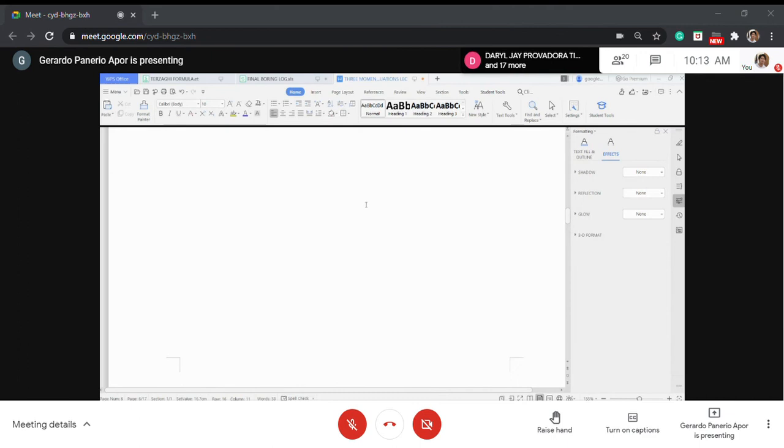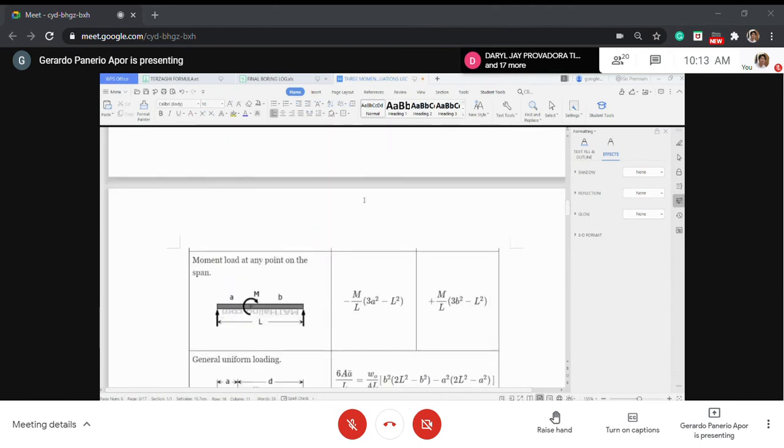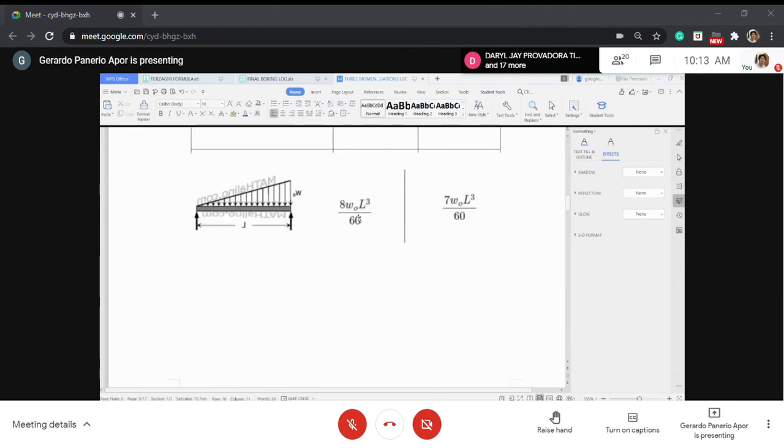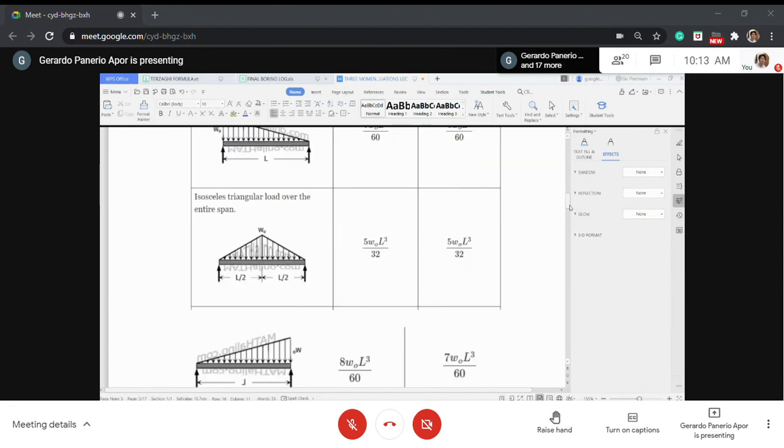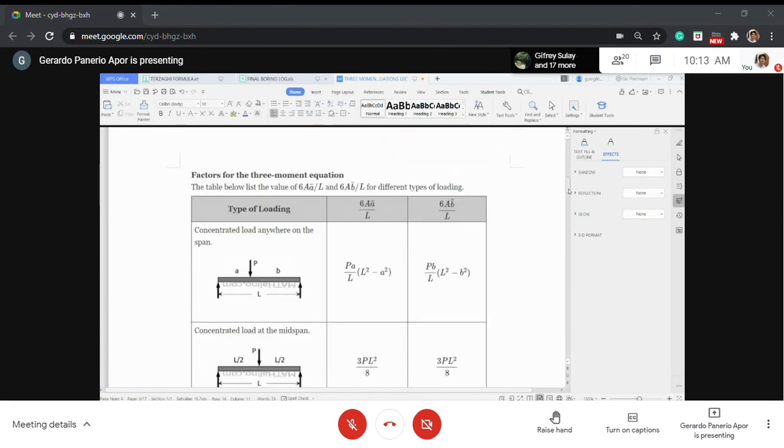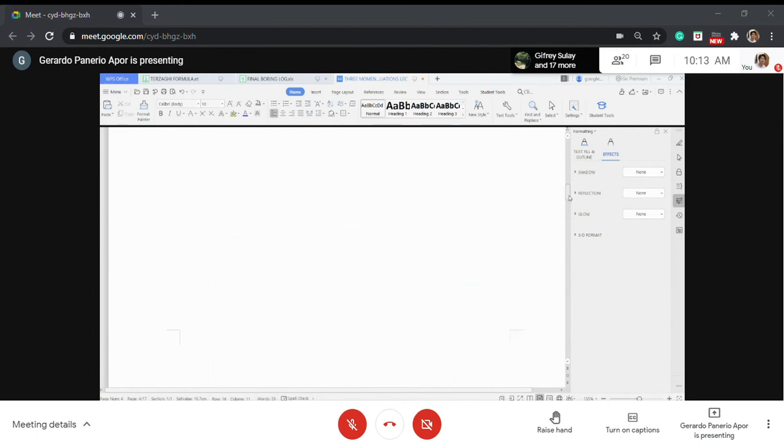the formula is 8WOL cubed over 60. That's for the over L, no?